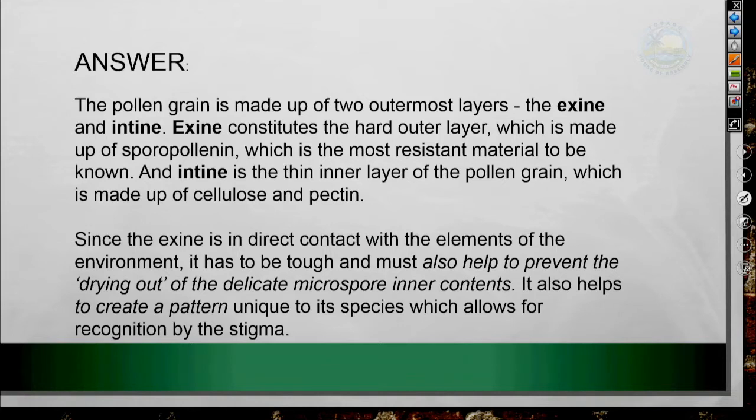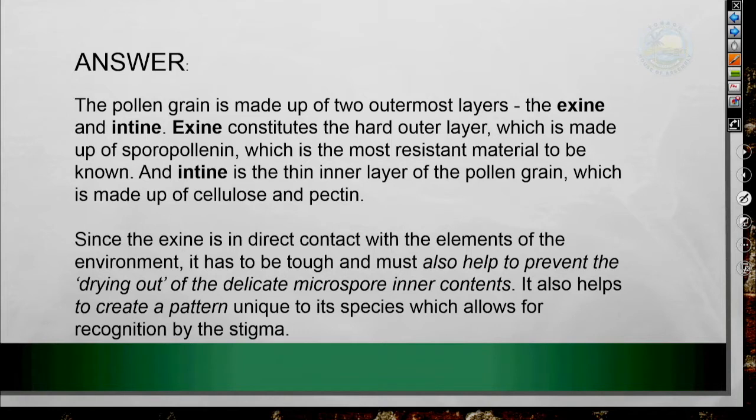And the exine constitutes the hard outer layer, which is made of sporopollenin, which is the most resistant material known. And the intine is a thin inner layer of the pollen grain, which is made up of cellulose and pectin. So the sporopollenin is that tough exterior material which ensures the viability of the pollen grain.